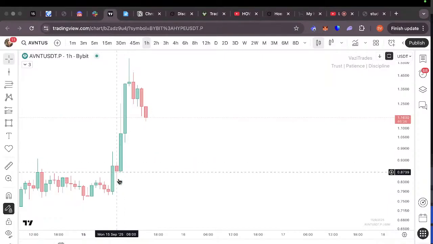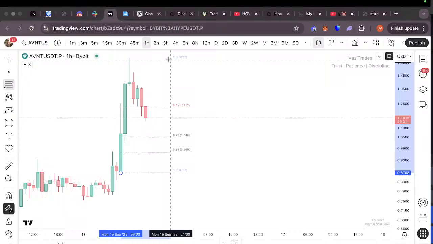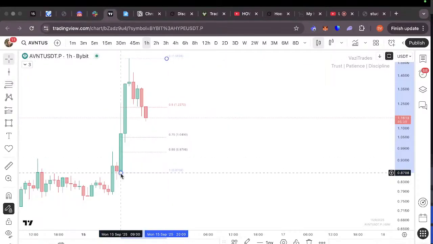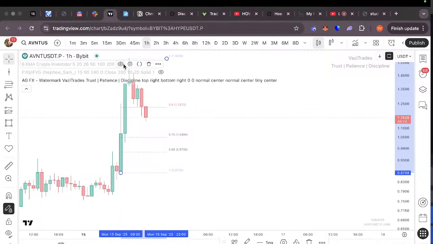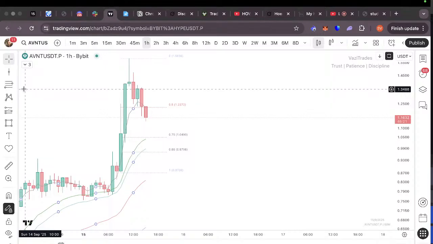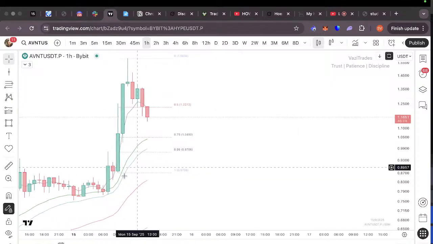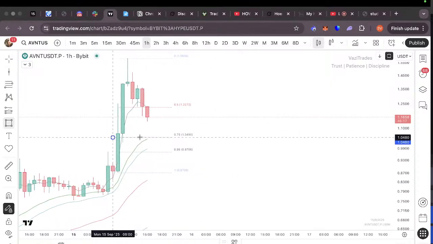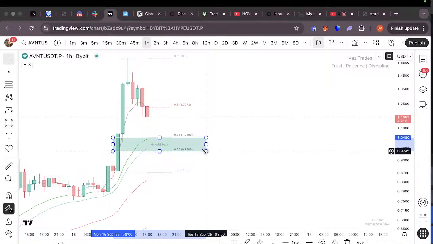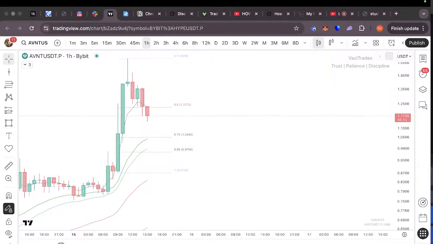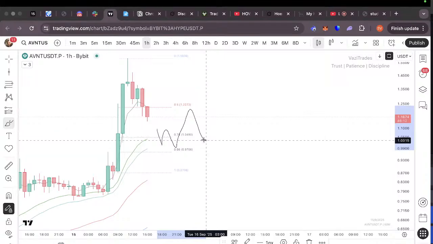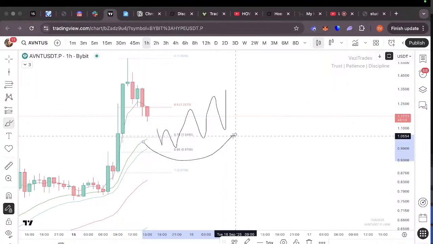So I would try to take from this candle and put Fibonacci, or from this move, because this is the nearest move where Aventus started its bullish trend on 1 hour, and look how the Fib comes to these EMAs as well. So technically this level could be interesting to long.